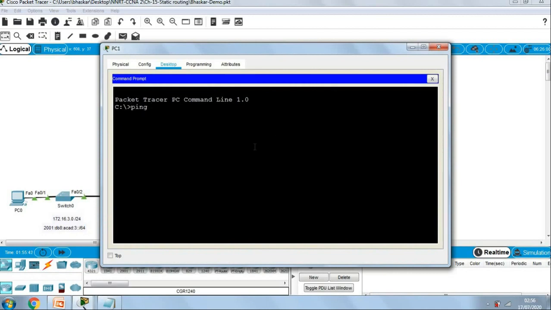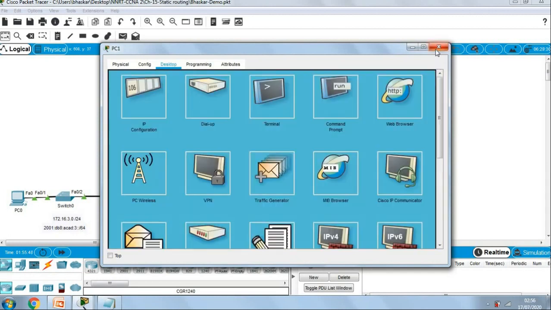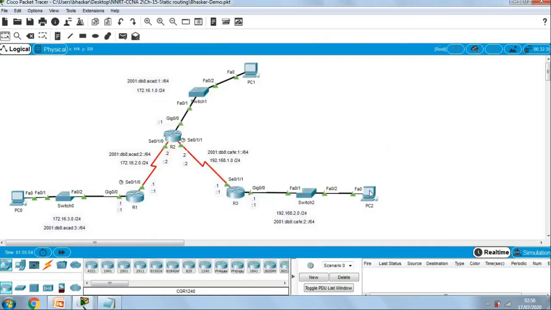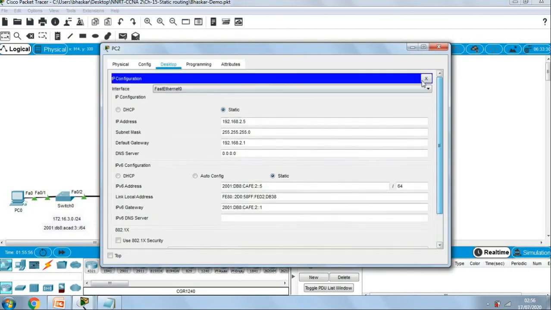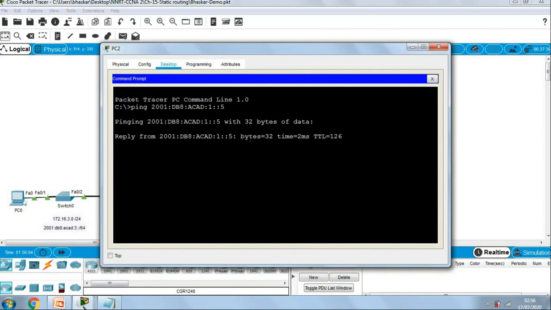Yes, this is working. Same, from PC2 I want to ping PC number 1. See, you are going to ping everybody.